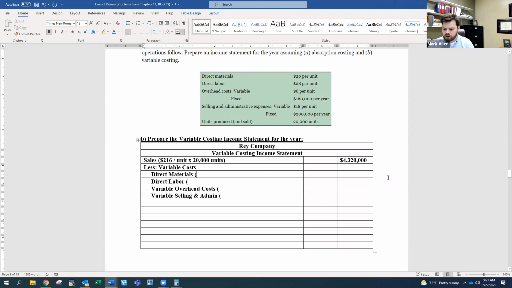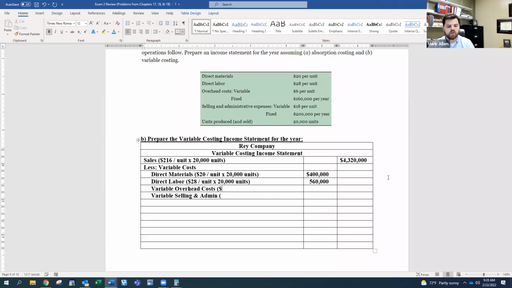So here we go. For direct materials, this will still be $20 per unit times 20,000 units. And this will be $400,000. For direct labor, in this case, that's $28 per unit times 20,000 units. That is $560,000.